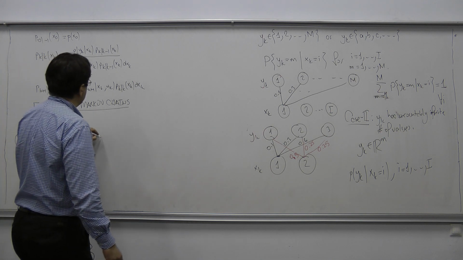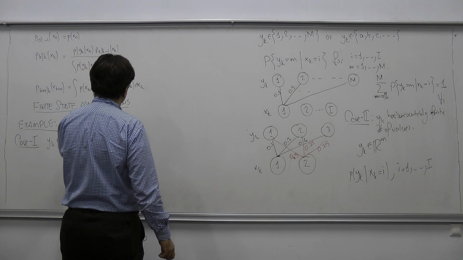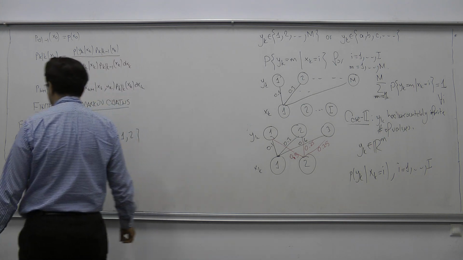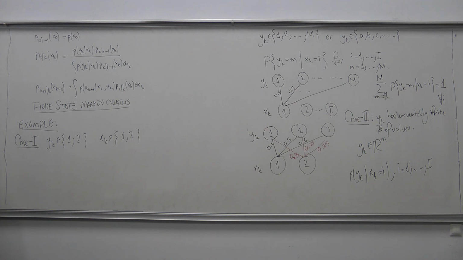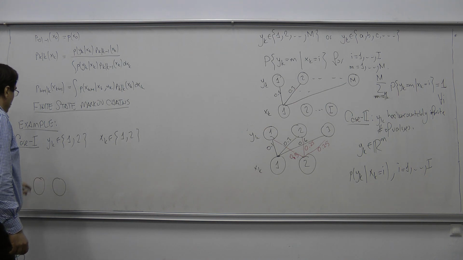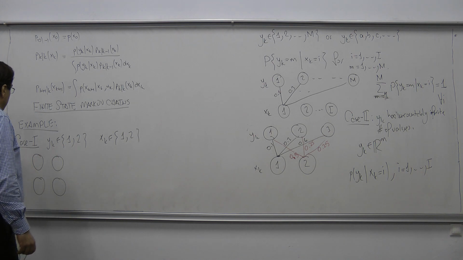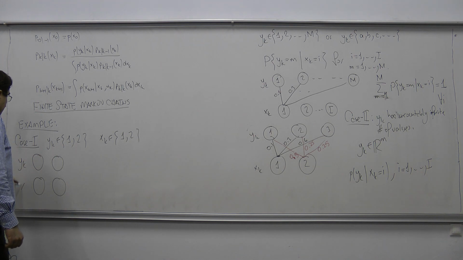And let us say that xk is also in 1 and 2. Okay? So in this case, I can just show this procedure like this. This is my possible y case, and this is my possible x case. All right? So xk can take the values 1 and 2, and yk can take values 1 and 2.